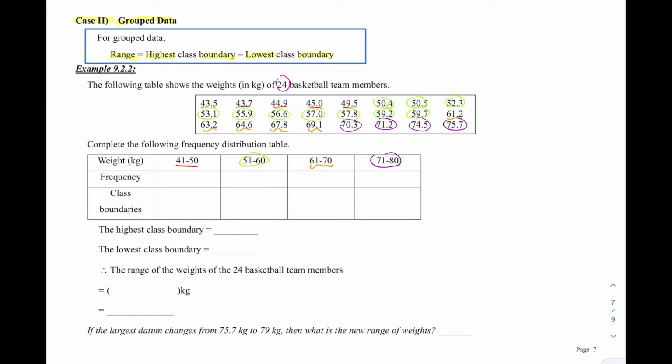For these 24 data, we can put them into 4 class intervals, and we count the total number of data for each class interval. We organize the data by using the frequency distribution table. That means we found the frequency.